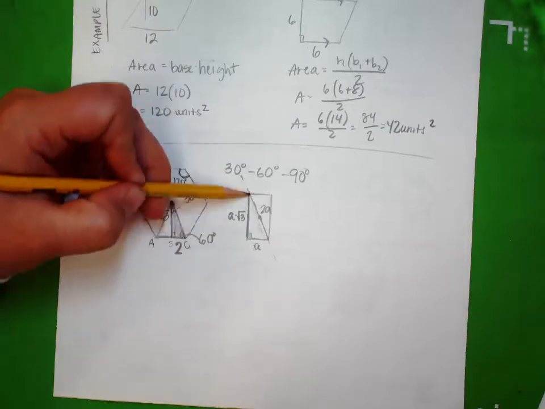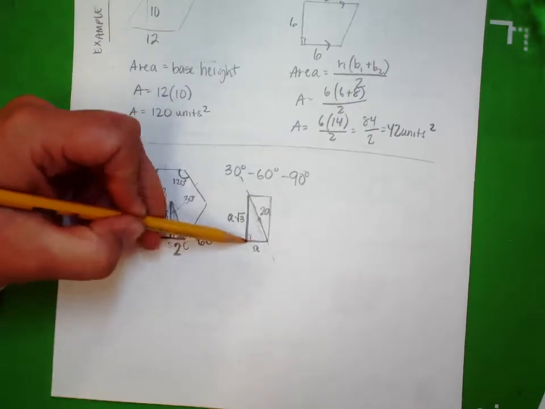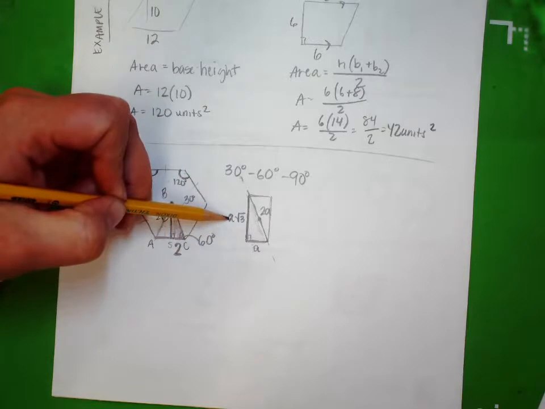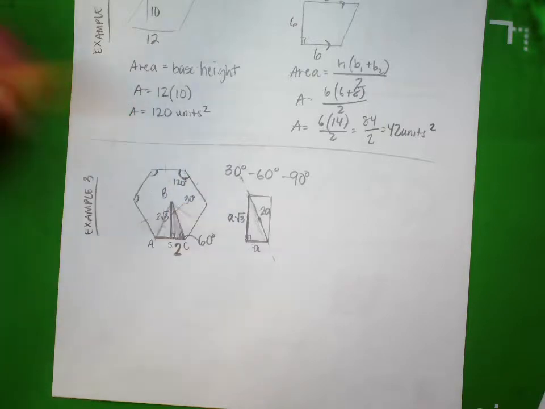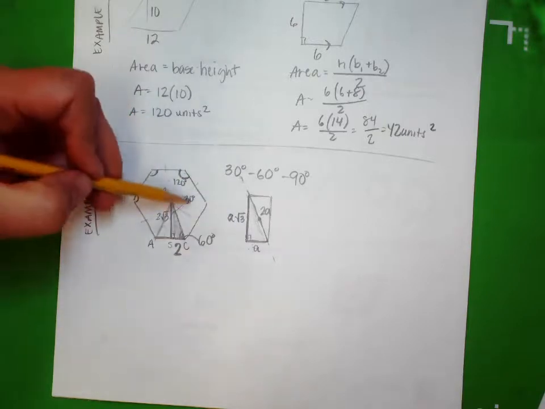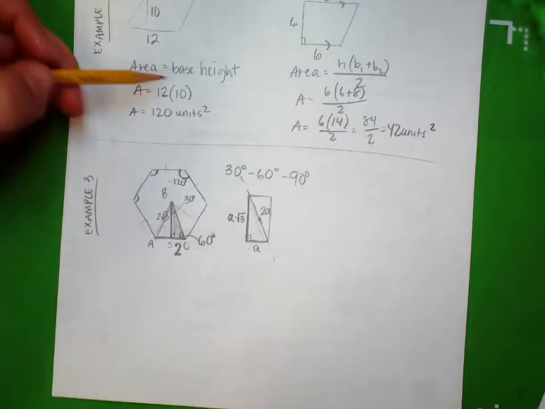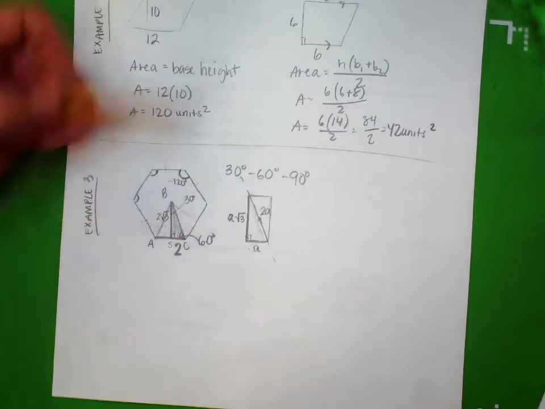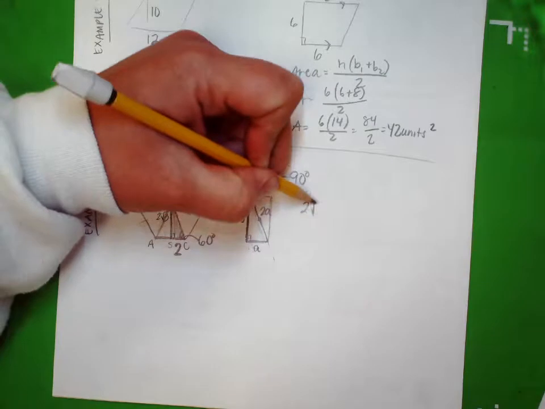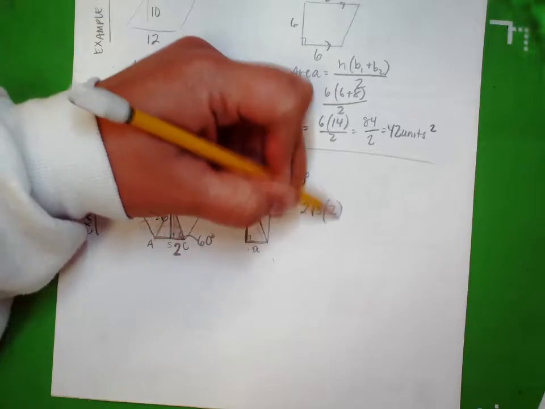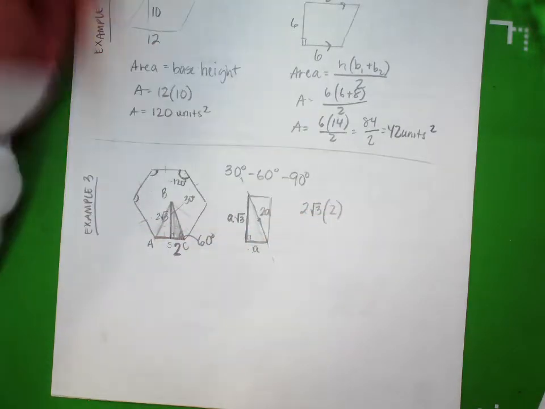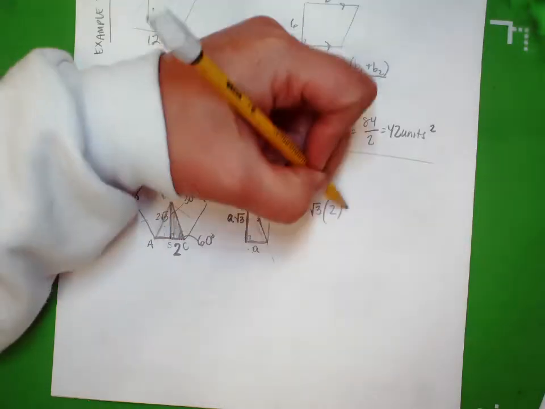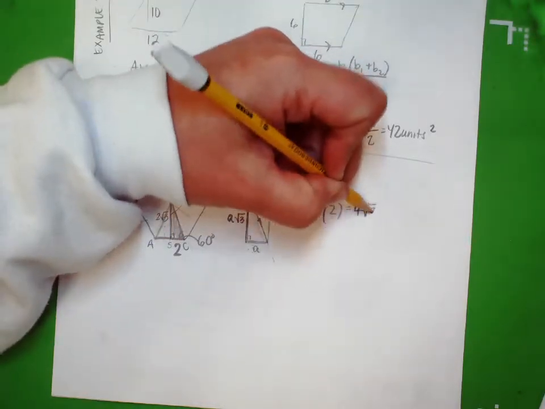So I'm just taking my base times my height. So A times the square root of 3 times A, and then I find 6 of those. So in this case, we have 2 square roots of 3 times 2. And we get that the area of this rectangle is 4 square roots of 3.